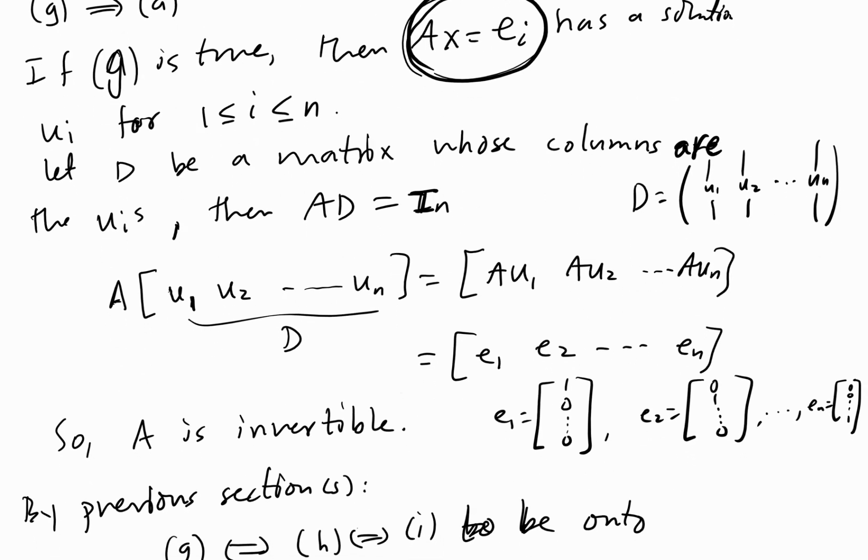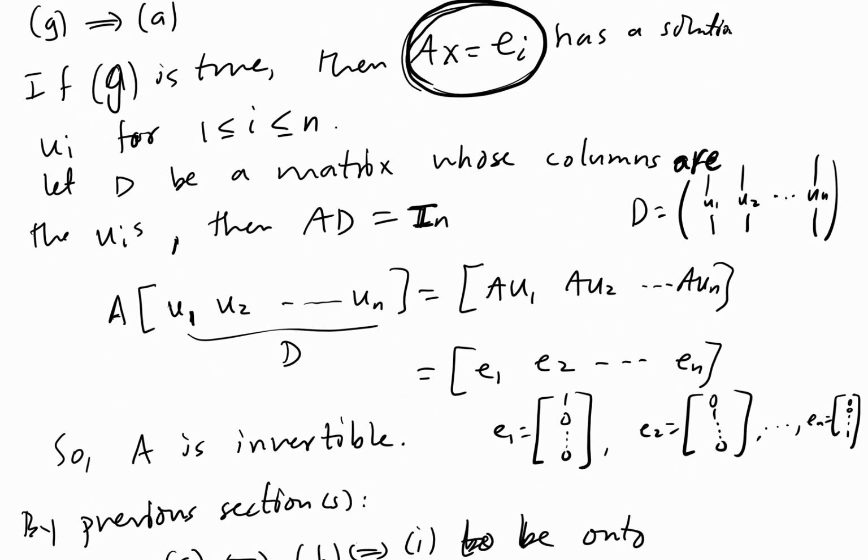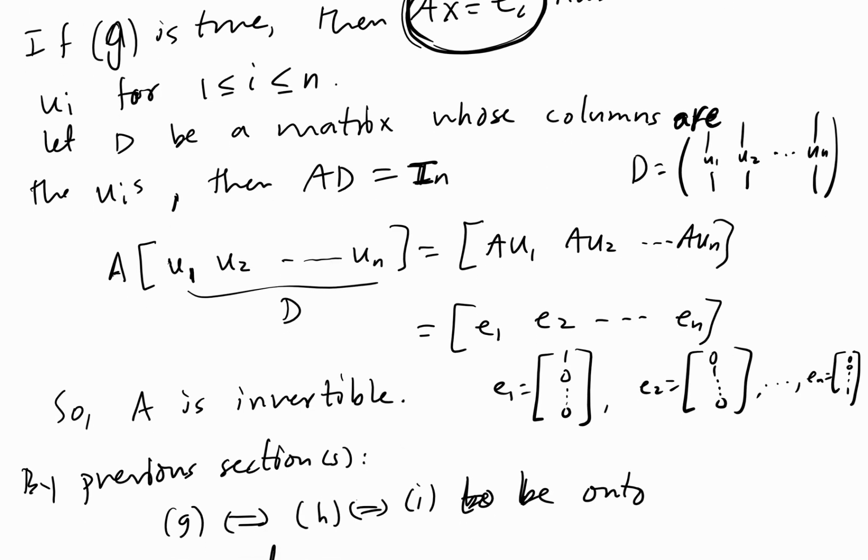Next, it says here by previous sections, if you go back, we proved that G and H are equivalent, meaning if G is true, H is true, and vice versa. Also, we proved that if H is true, I is true, and vice versa.